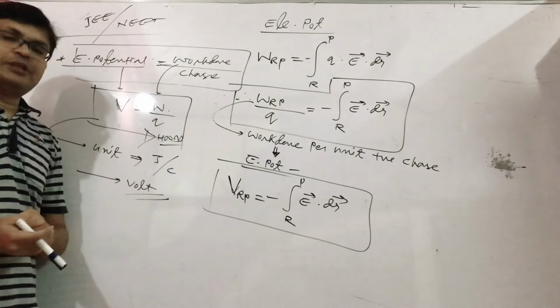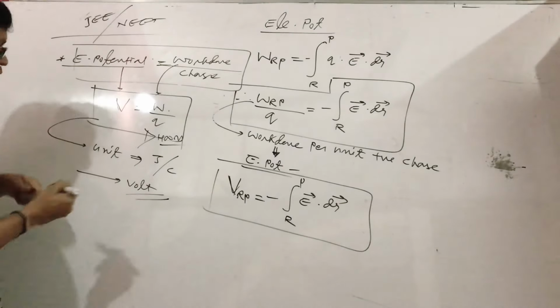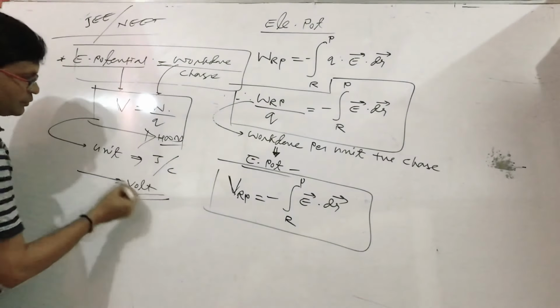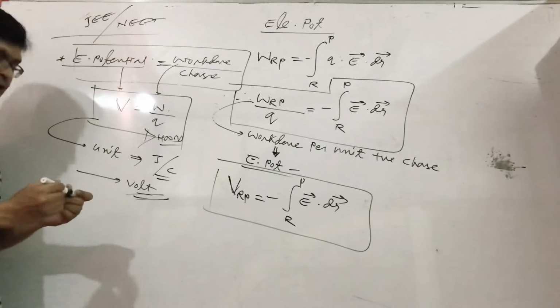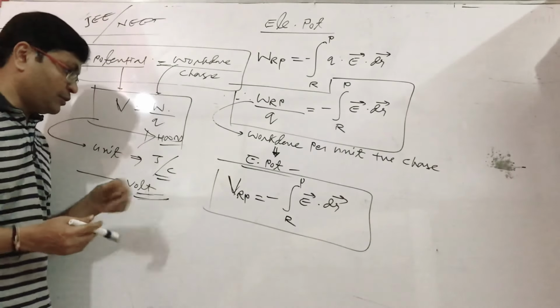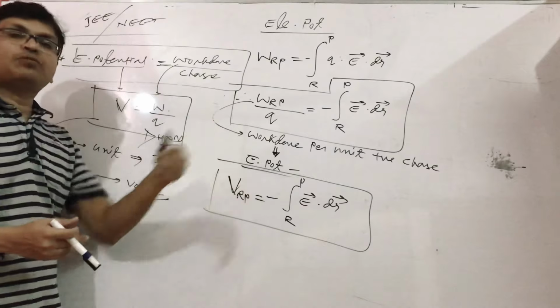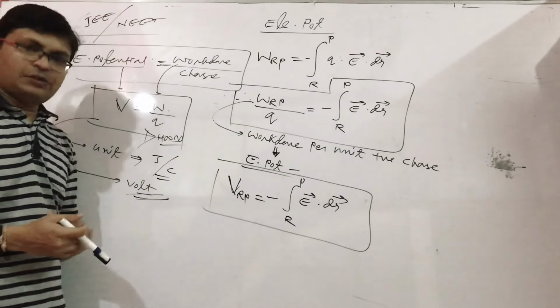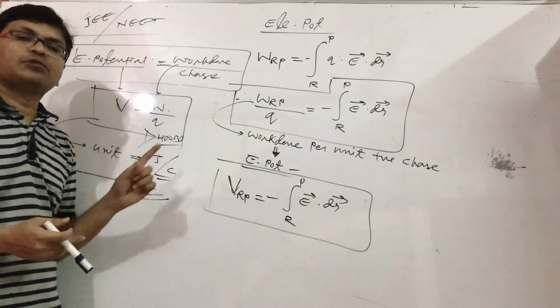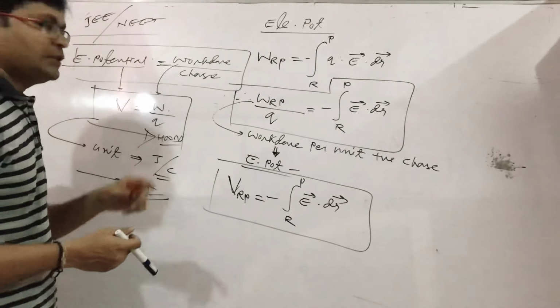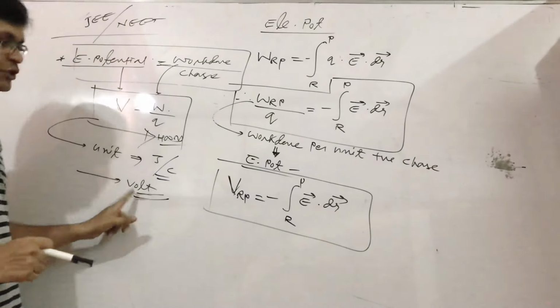These are the two very important units: volt and joule per coulomb. This question was already asked in examination: joule per coulomb is equivalent to blank. It is equal to volt, or volt is equal to joule per coulomb. Don't forget this relationship, very important for a 1 mark MCQ.